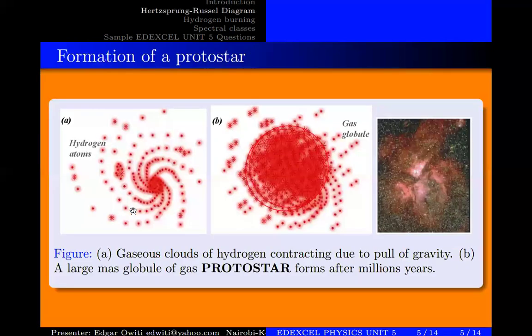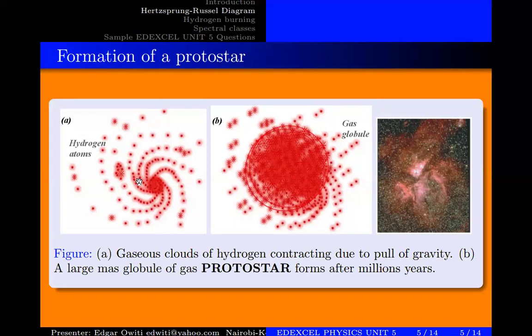So like I mentioned at the beginning, the formation of a star begins with a collection of hydrogen atoms. When two hydrogen protons come together, there is a nuclear attraction that brings them together. That nuclear attraction becomes high enough, and then we have more and more hydrogen atoms collecting.